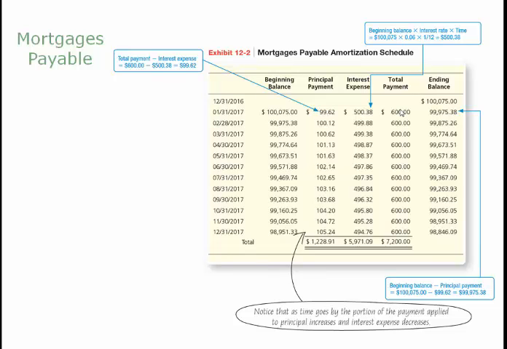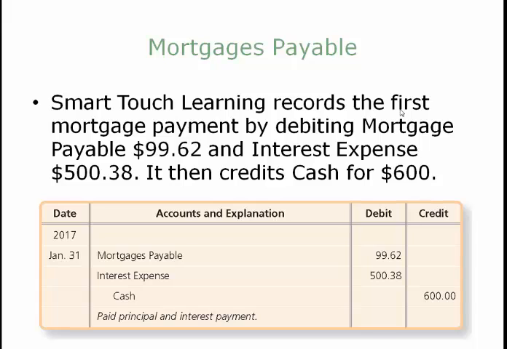But let's talk about how the accounting works for this, and it's going to look the same as notes payable. When we make the payment, we're going to deduct $99.62 based off of the amortization schedule out of mortgages payable, and we're going to post $500.38 for interest, and we're going to make the payment of $600.